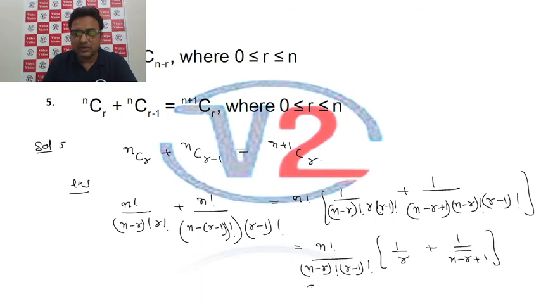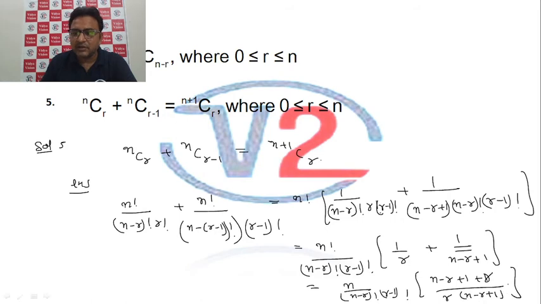We take the LCM, then it will be n minus r factorial, r minus 1 factorial into n minus r plus 1 plus r, divided by r into n minus r plus 1. Now r is cancelled out.